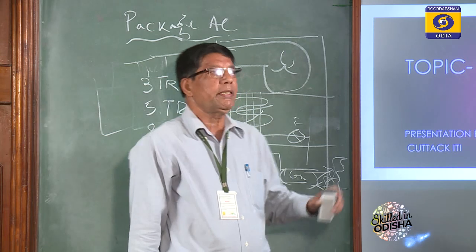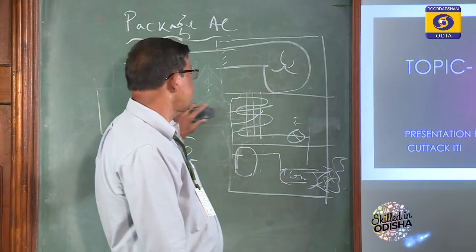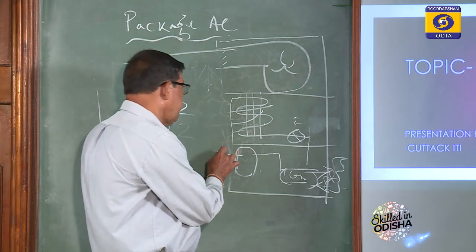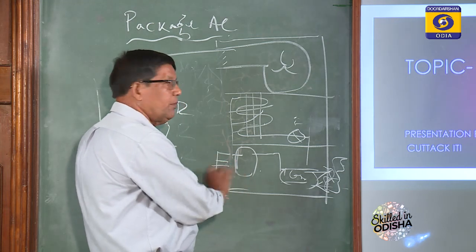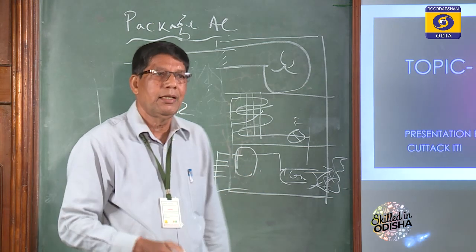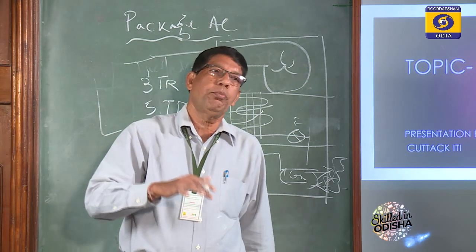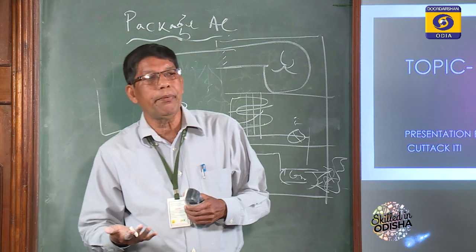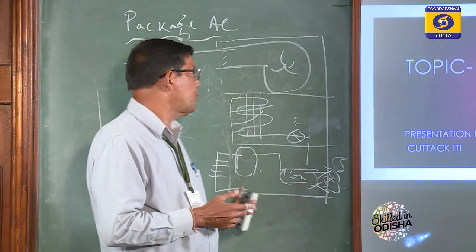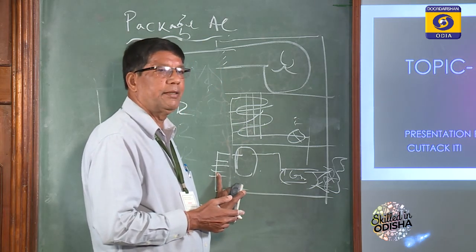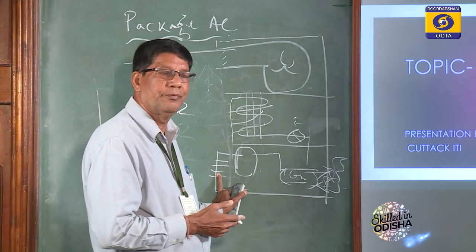Then there is a control system. In the bottom panel, there is a control system to operate the temperature, mode, pressure, the flow of air, the velocity of air. We control all of these through these electrical panels.